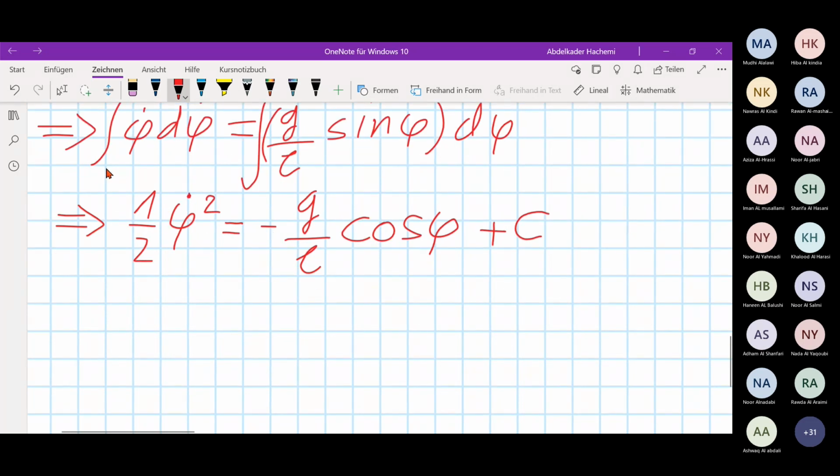Okay, this is what we do. Either we know the bounds of the integral, or we put constant C and we take the initial condition. The constant C is unknown, so here we take the initial condition.